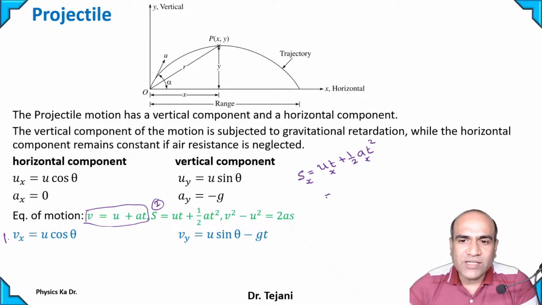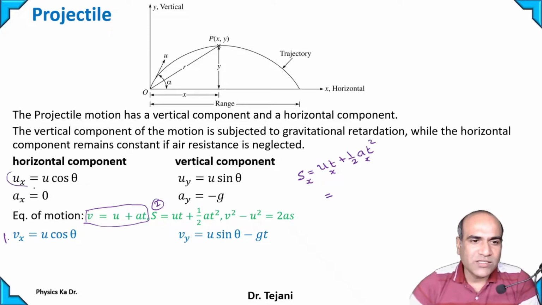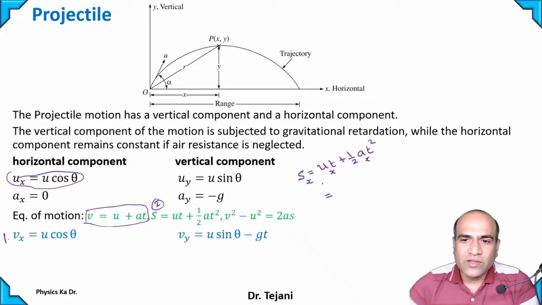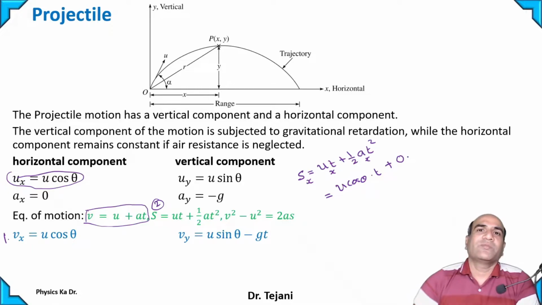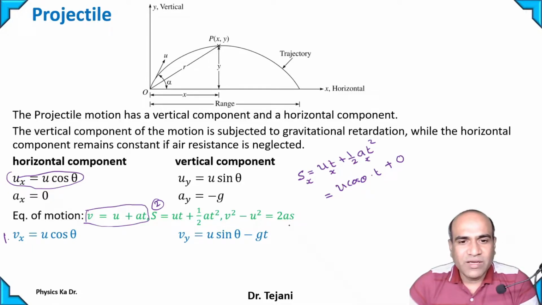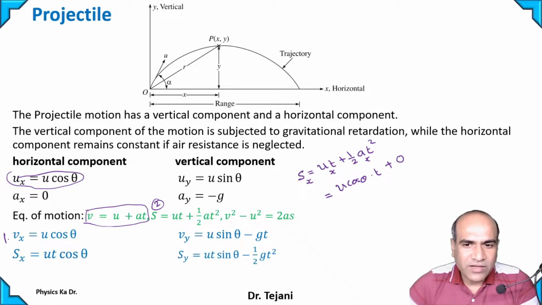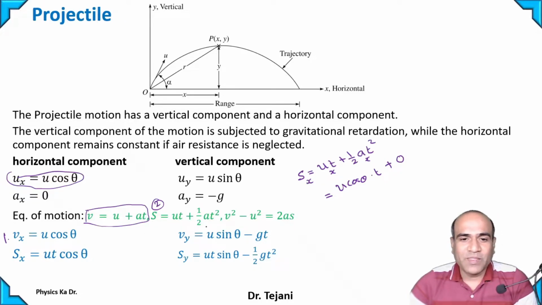Do we have ux? Yes, ux = u cos theta, and t was already there. Then acceleration: in the horizontal component there is no acceleration, so this term becomes 0. So in the x direction the displacement is equal to ut cos theta. We got this, ut cos theta.